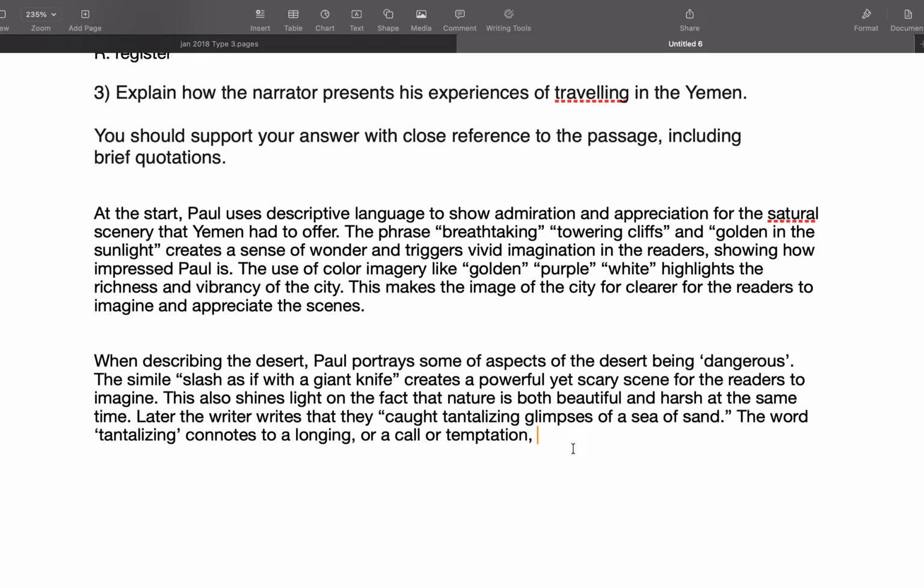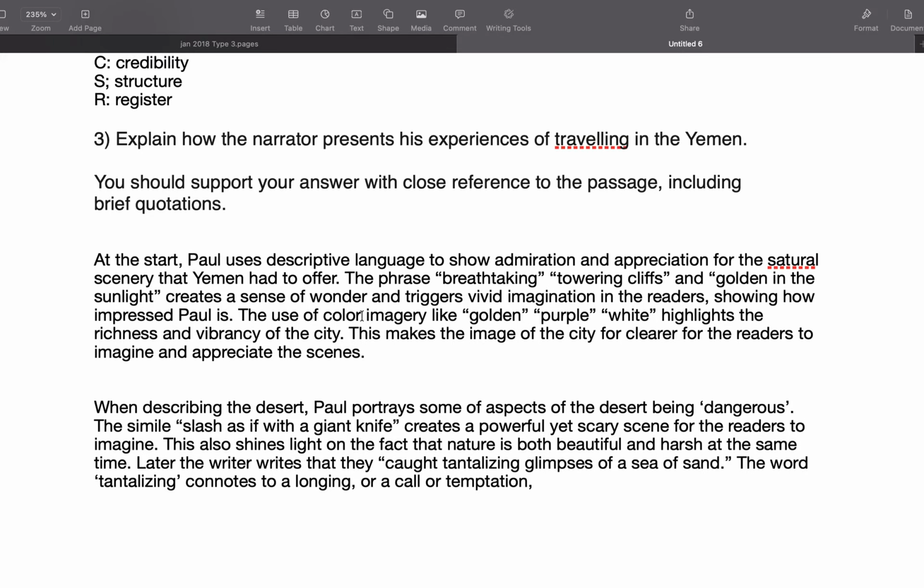Well, it's nature that's calling the writer. The writer sees the sea of sand, the sand sprinkling under the beautiful sunlight, as he described previously, being, what was the word? Golden. That's really beautiful, right? So that's what he's saying. As though the beauty of the desert wishes to win the writer's heart.